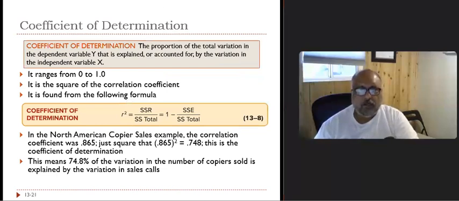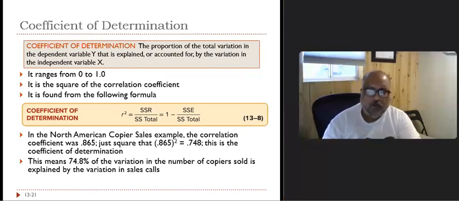Now let's look at the coefficient of determination. The coefficient of correlation is R, but the coefficient of determination is R square. It tells us how well the independent variable explains the variation in the dependent variable.